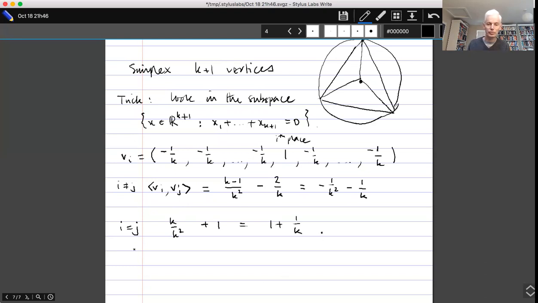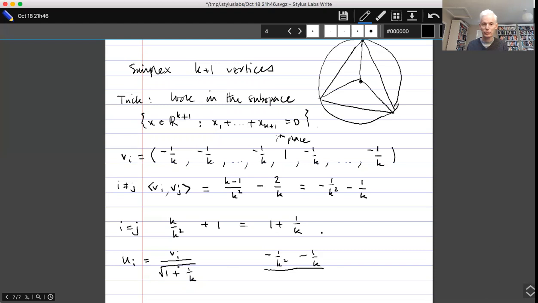So if I want to normalize, I'll set ui to be vi over the square root of 1 plus 1 over k.